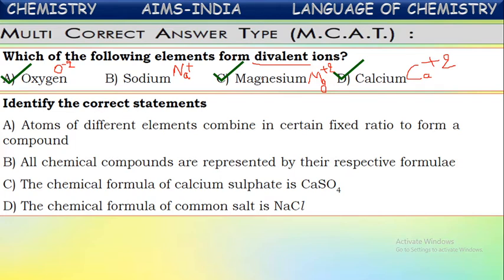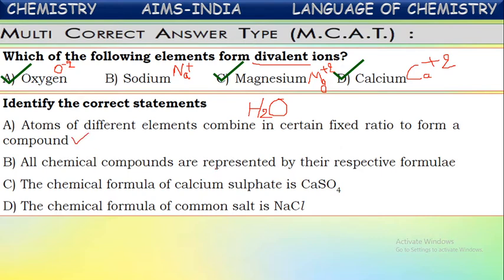For example, in the water molecule, two atoms of hydrogen combine with one atom of oxygen. This is a fixed ratio. From wherever you get water, the composition will always be the same: two atoms of hydrogen combined with one atom of oxygen. That's a fixed ratio. This is a correct statement.